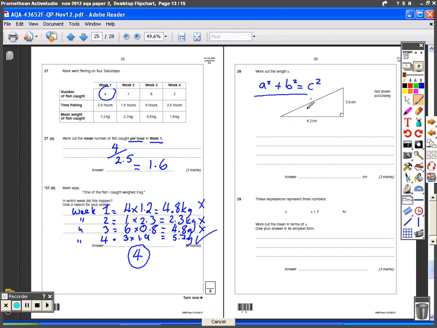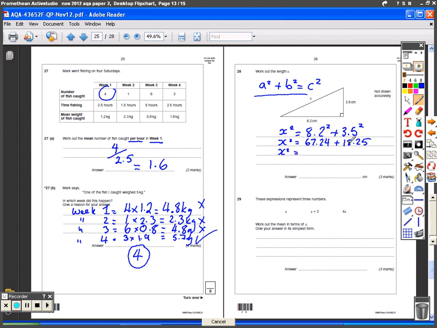They called it x in there, so I'm going to stick with x so it doesn't confuse you. x squared equals this one squared, so 8.2 squared, plus this one squared, so that's 3.5 squared. Okay, well in your calculators, 8.2 squared gives us 67.24, and 3.5 squared gives us 12.25.